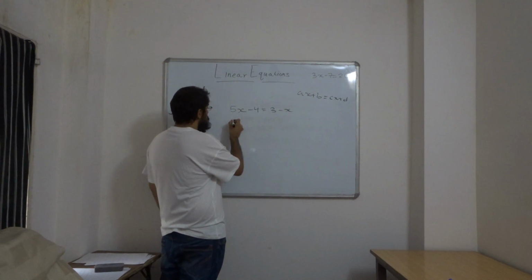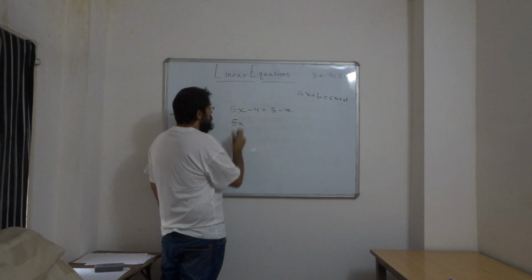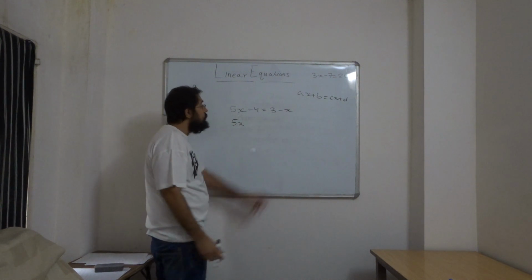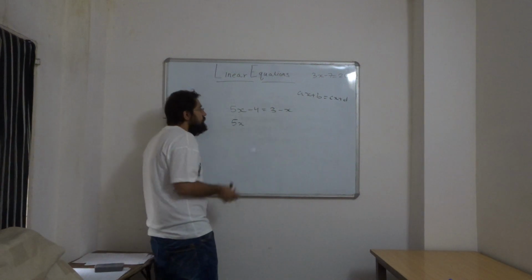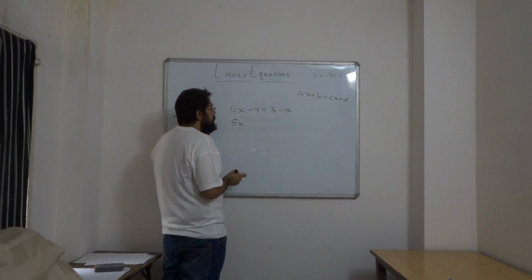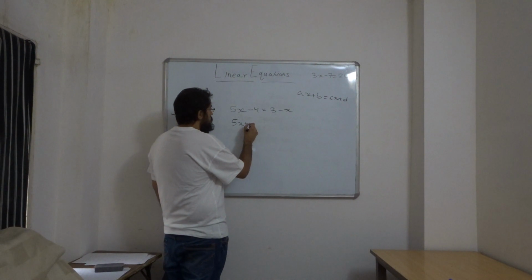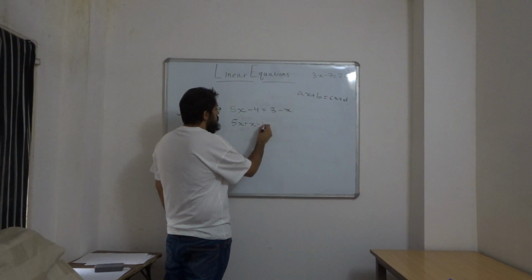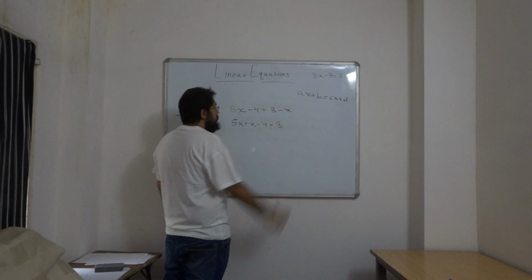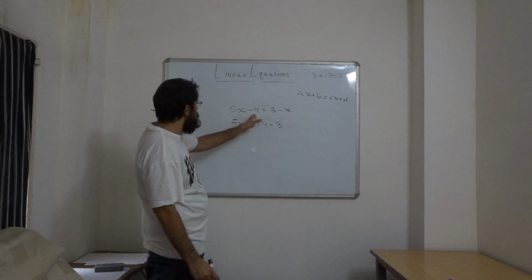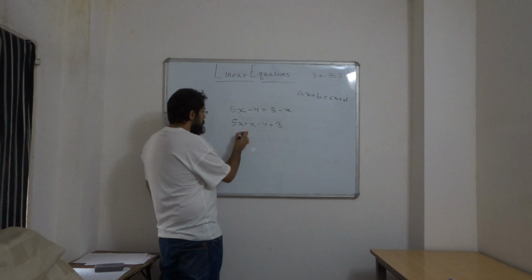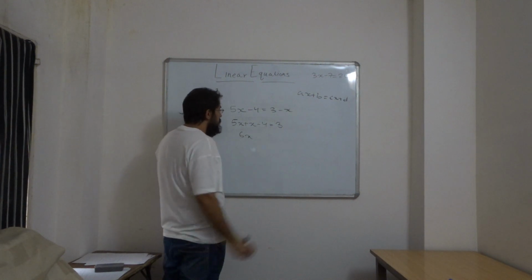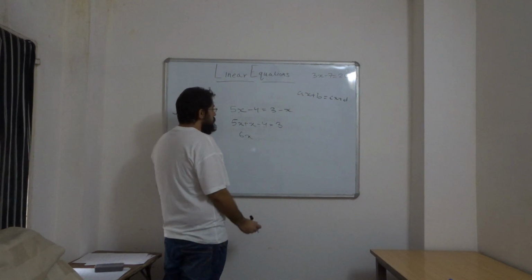So basically, you have 5x. Now you have a negative in front of the x. So when it comes from the right hand side to the left hand side, it becomes plus. So 5x plus x minus 4 equals 3. You leave everything else the same. Now this becomes 6x. So now what do you do, guys?